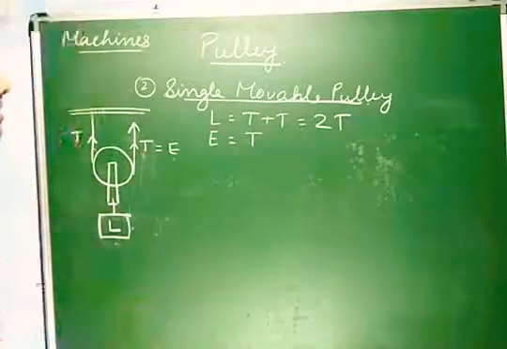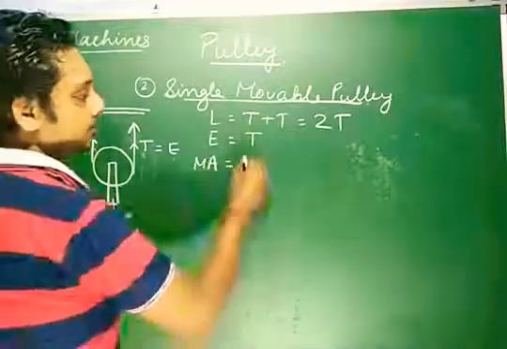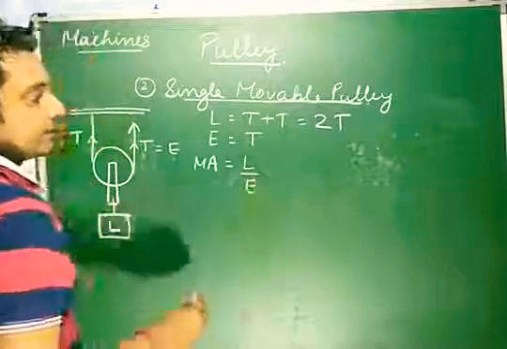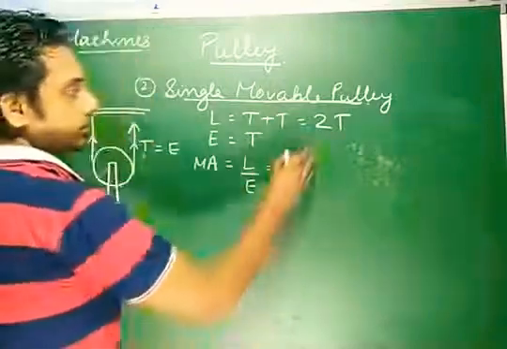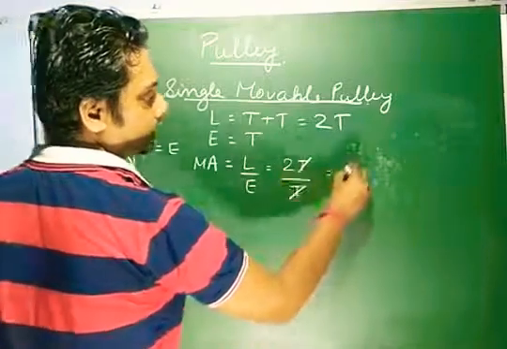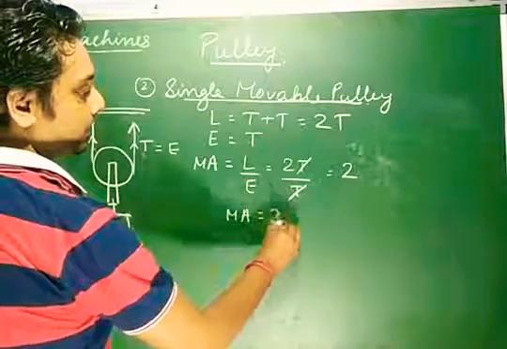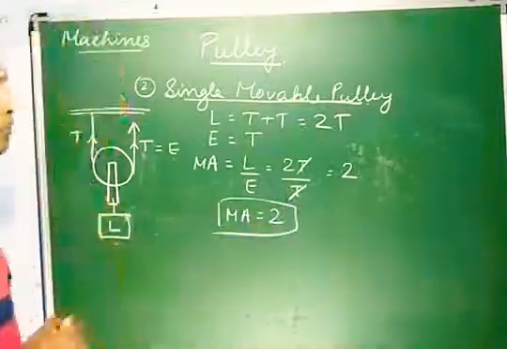After this, if we find the mechanical advantage, it is equal to load by effort. Load is 2T and effort is T, T and T get cancelled. We get the mechanical advantage as 2.